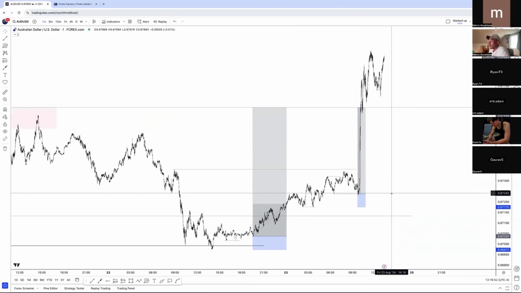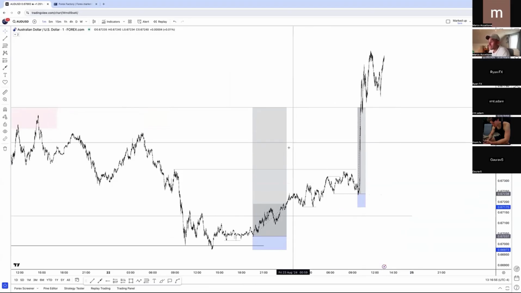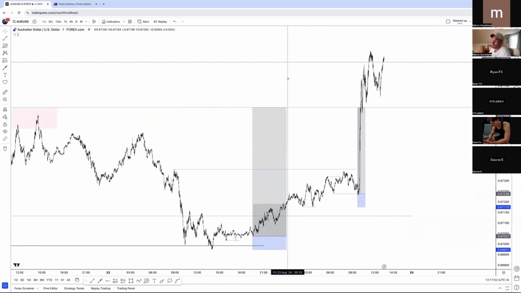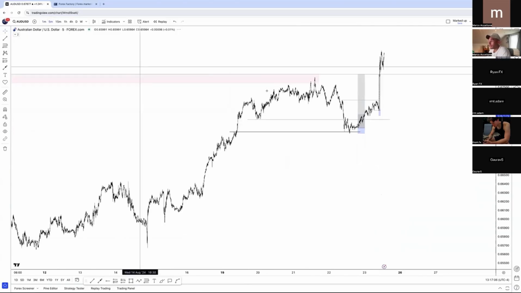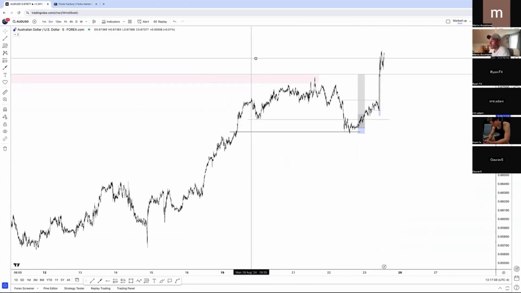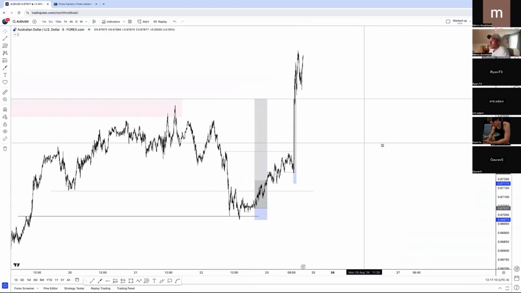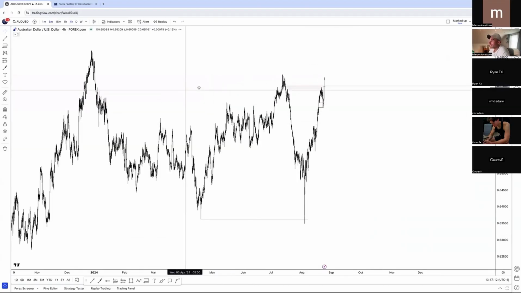So you just got to make that decision, see what you're comfortable with. If you're okay taking that risk where stop loss can be slipped, then by all means you can take the trade. But I'm not going to be the one to say do it or don't do it. You just have to find what you're comfortable with. Okay. So yeah, Aussie, clean stuff today.